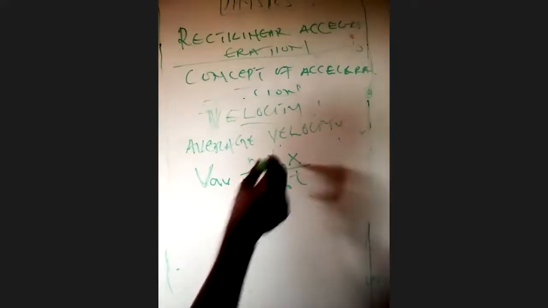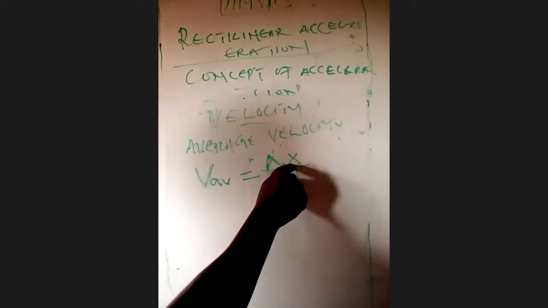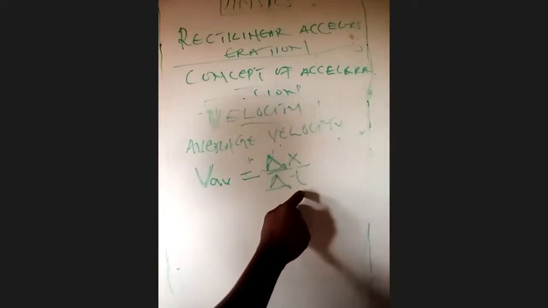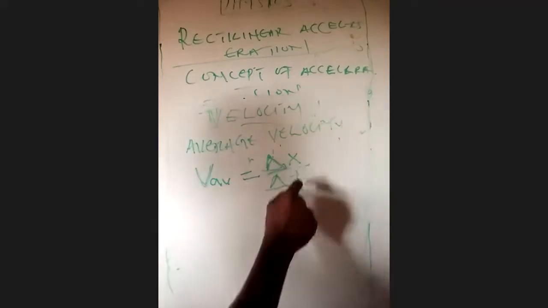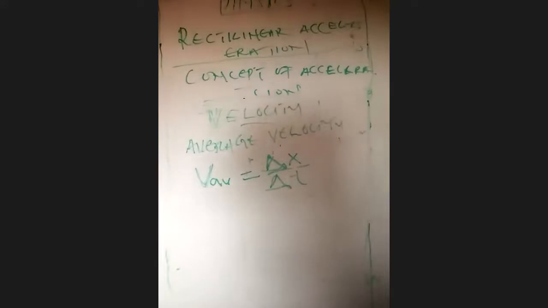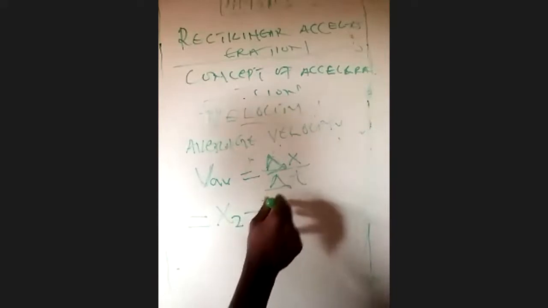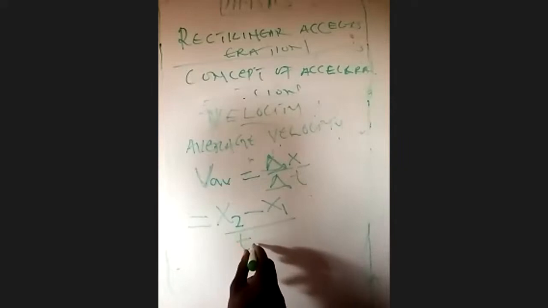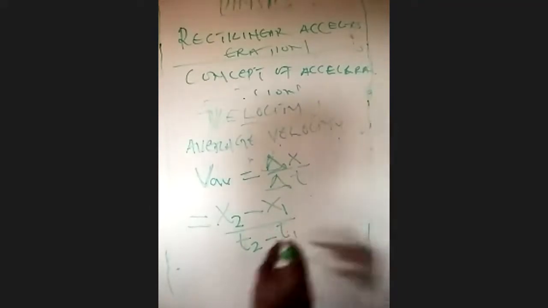We are dealing with average velocity now. It's the ratio of total displacement, S, taken over time interval, T. So average velocity is equal to S over T, which is equal to S2 minus S1 all over T2 minus T1.